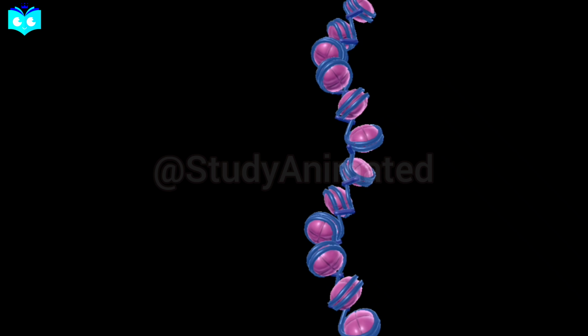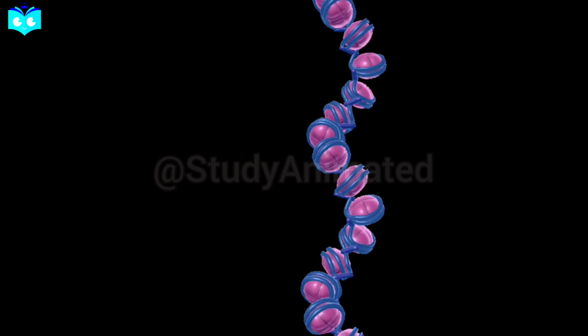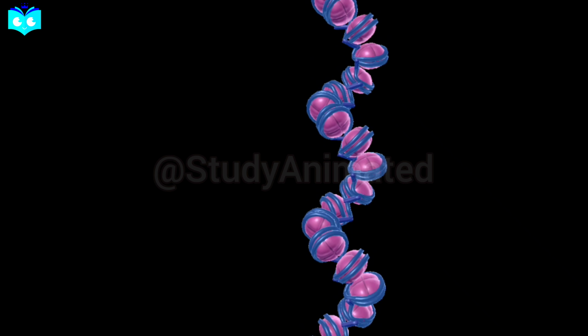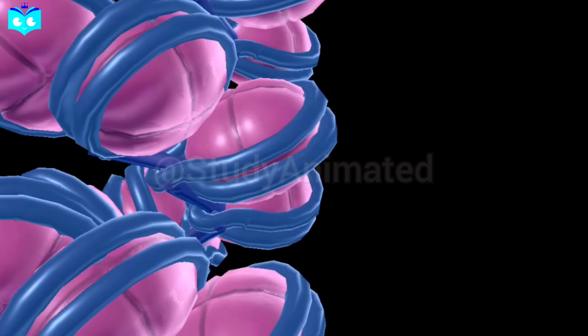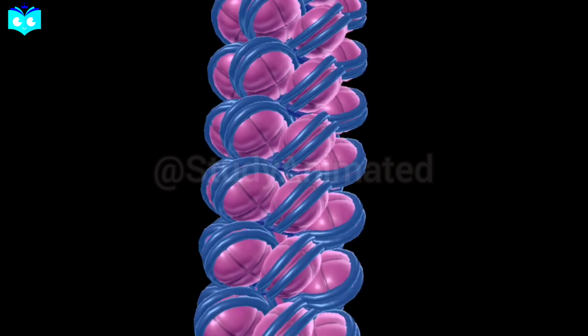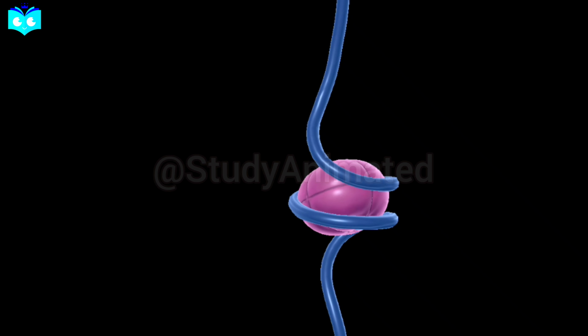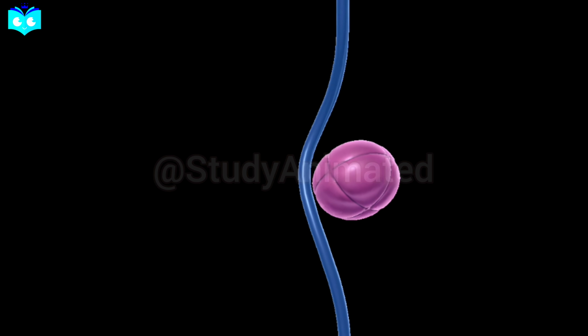But how does this packaging actually begin? For that, we have to go deeper. Imagine that we are pulling the chromosome apart until we reach the basic unit from which chromatin is built. This basic repeating unit is called the nucleosome.